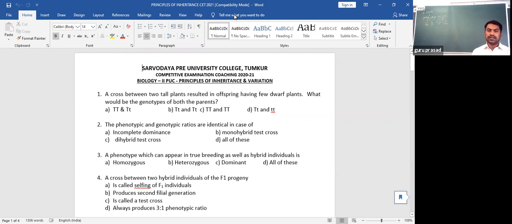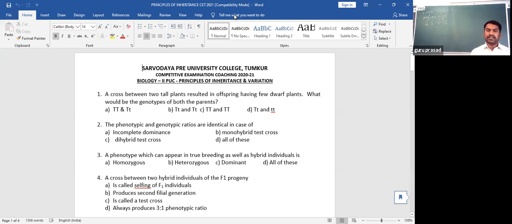In the sense, option C, the dihybrid test cross, should also show similar, identical phenotypic and genotypic ratios. Like in the monohybrid test cross, what do you find? 1 is to 1 as the phenotypic and genotypic ratio. Whereas in the dihybrid test cross, the ratio is 1 is to 1 is to 1 is to 1.